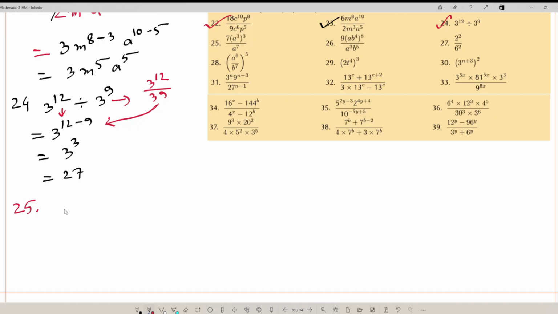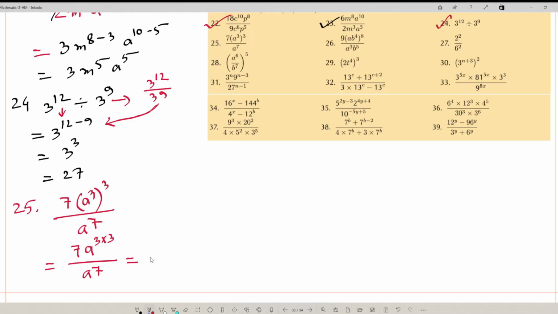25. 7 times (a^3)^3 divided by a^7. So first 7, and this one we can write what? (a^3)^3. What does it mean? It means a to the power 3 times 3, not 3 cubed, and here a^7.